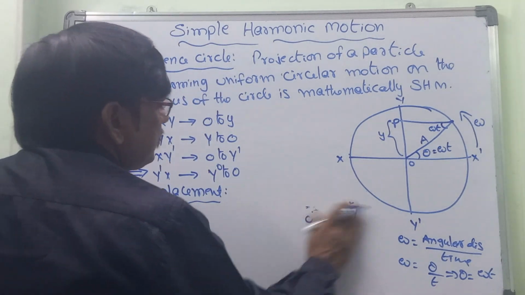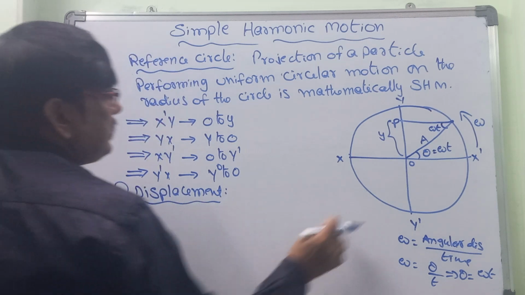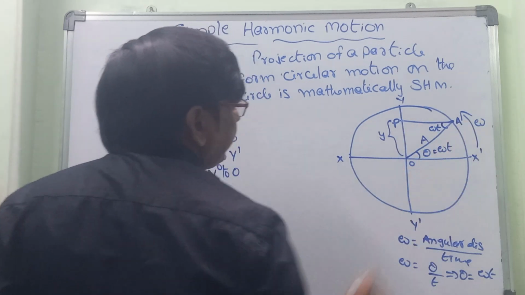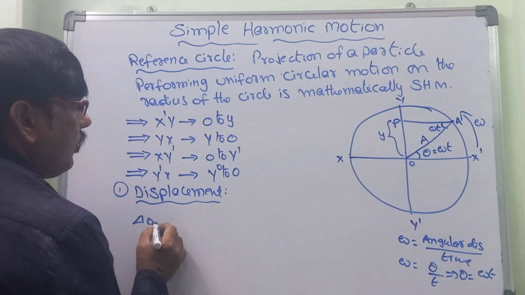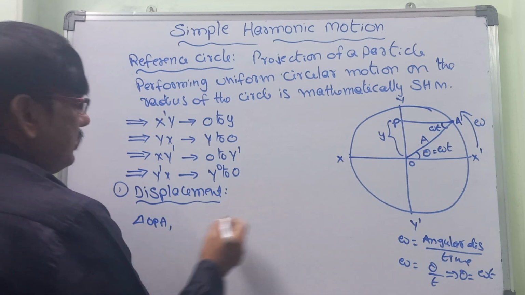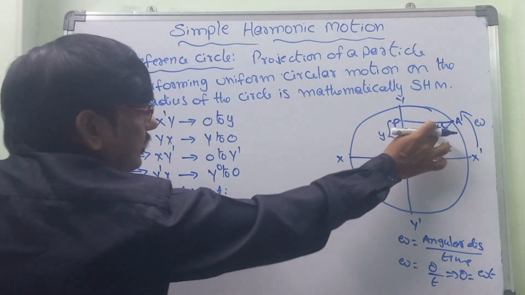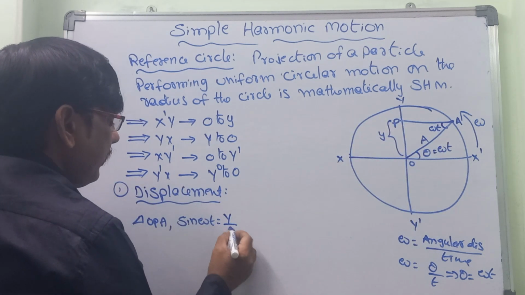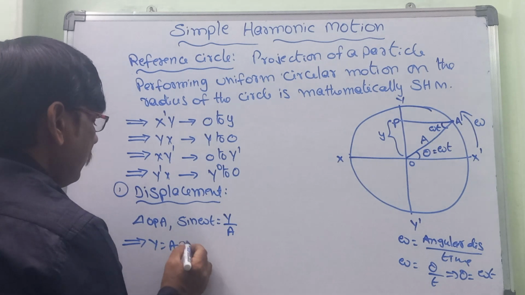Now let us discuss the value for this displacement. Let us consider this triangle OPA, and assume this side is A. Now sin omega t is equal to opposite by hypotenuse, so y by A, and ultimately y is equal to A sin omega t.